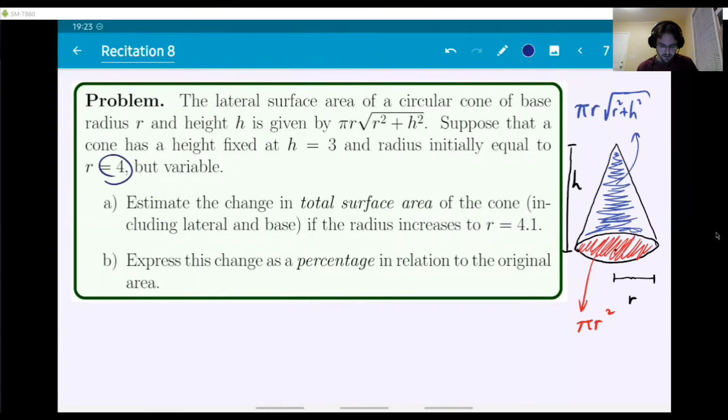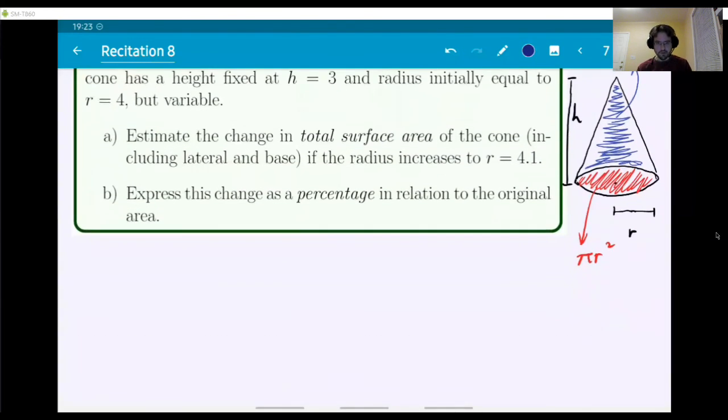You had a certain value of the function, and then it increased to a little bit larger, and they are saying to estimate. So first of all, we have to write down what is the function that we are estimating. We're trying to estimate a function of r, which is the total surface area of the cone.